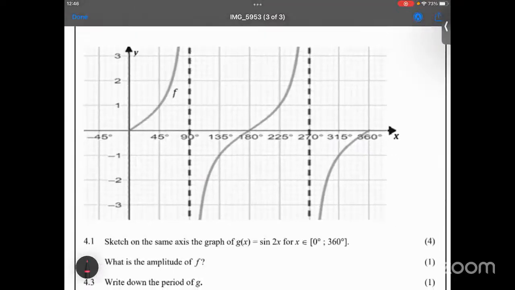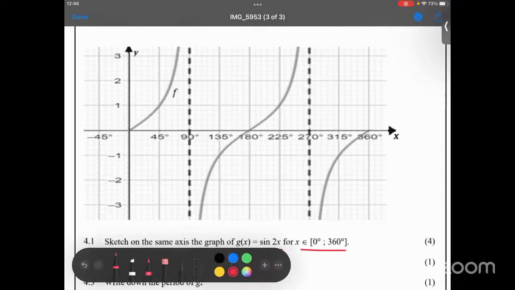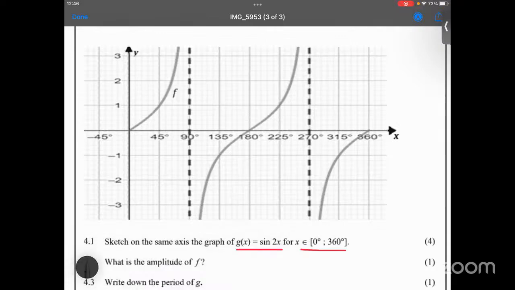Then in 4.1, they want you to sketch on the same axis the graph of g of x equals sine 2x for that same interval. Based on my experience, I will just very quickly sketch it.